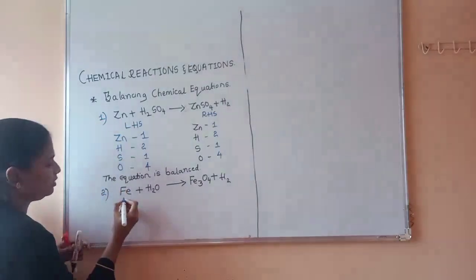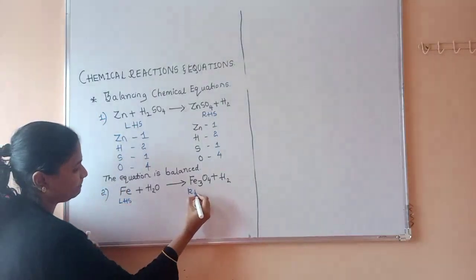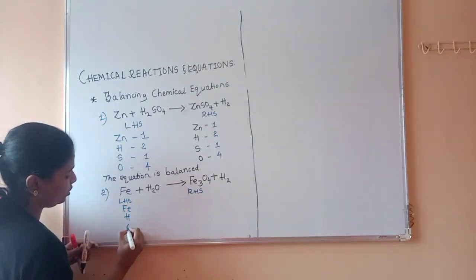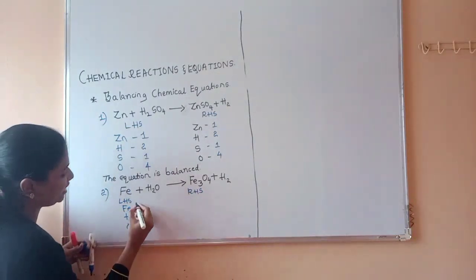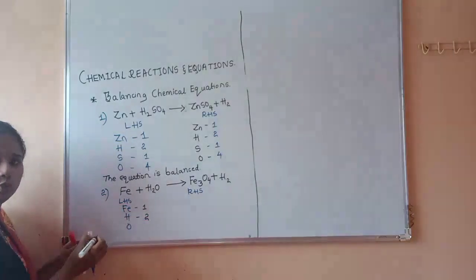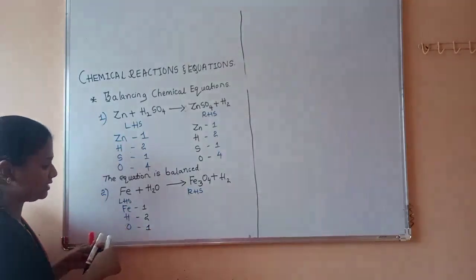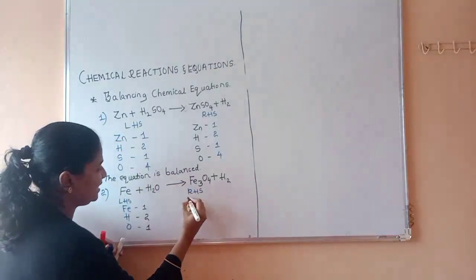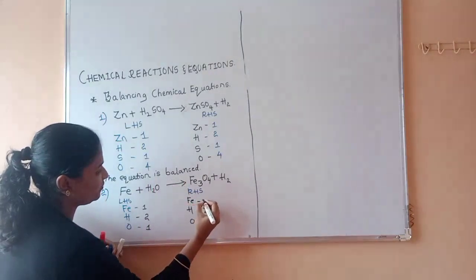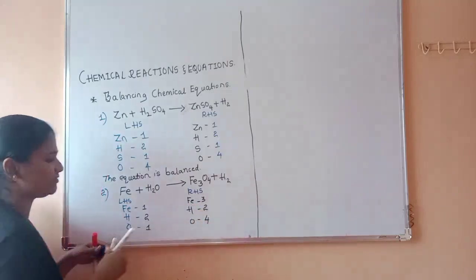Taking LHS and RHS, the elements are Fe, hydrogen, oxygen. On the LHS, Fe is 1, hydrogen is 2, oxygen is 1. Similarly, on the RHS, Fe is 3, hydrogen is 2, oxygen is 4.